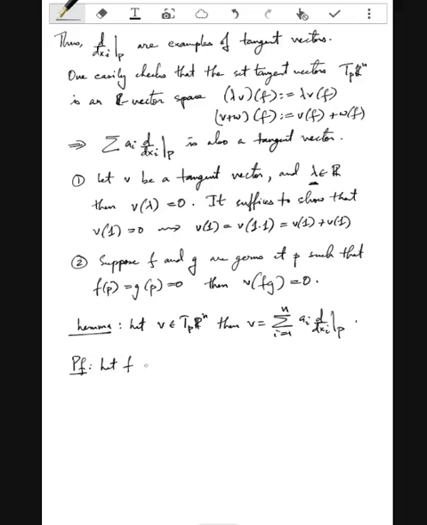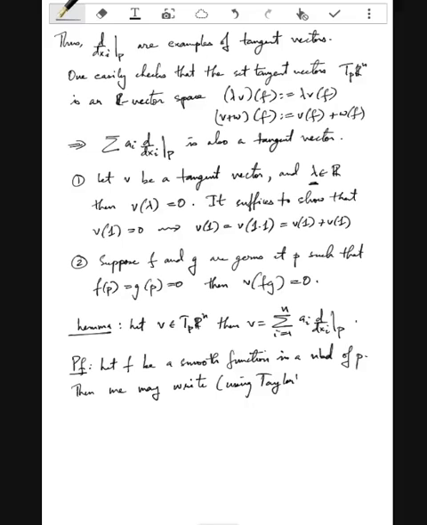So let f be a smooth function in a neighborhood of p, then we may write using Taylor's theorem f of x, so let me write f of x1, x2, up to xn.